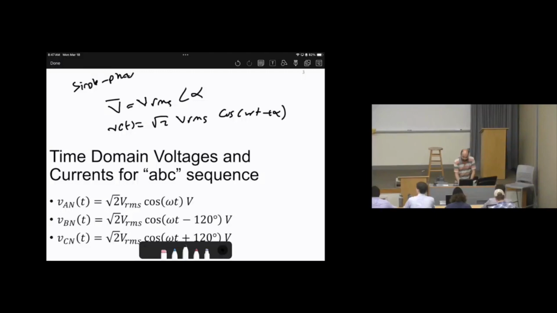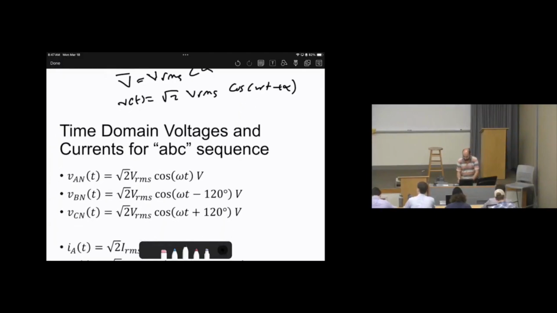In 3-phase, the same way. So VAN cosine omega t, but there is no plus alpha because we assume the angle of VAN is 0, because VAN equals V RMS angle 0. So we say cosine omega t plus 0.